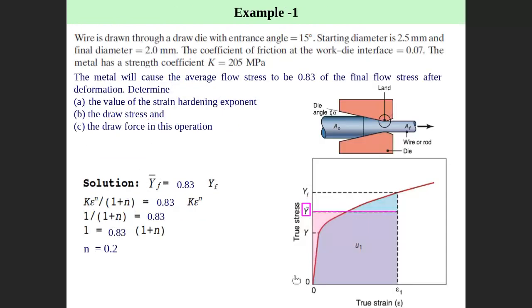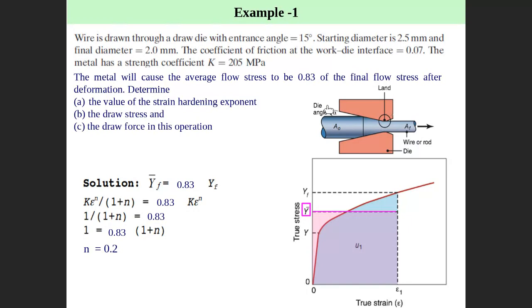Okay, let's take an example. Let's read it and understand it together and try to solve it together, right? A wire is drawn through a draw die, as you can see here.